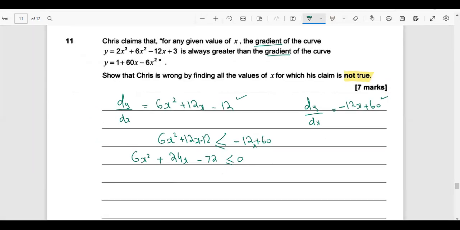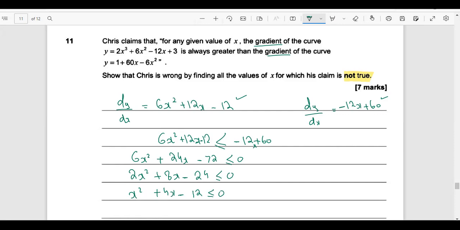Now I can take 3 common from all these terms. So it would give me 2x squared plus 8x minus 24 less than or equal to 0. And I could have taken 2 common as well. So x squared plus 4x minus 12 less than equal to 0. This is my equation.